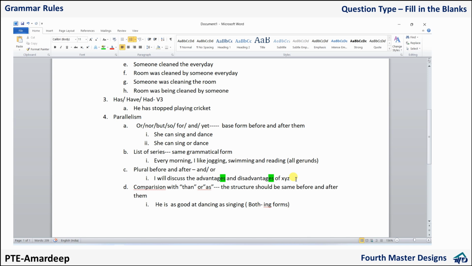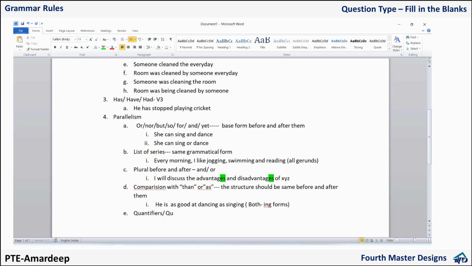Okay guys, in the same way we can go with than also. With than also we need to follow the same rule that I followed here for as. Then coming on to the next one, the next rule is to keep quantifiers, qualifiers in mind: singular, plural, countable.